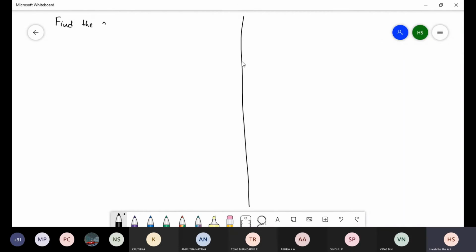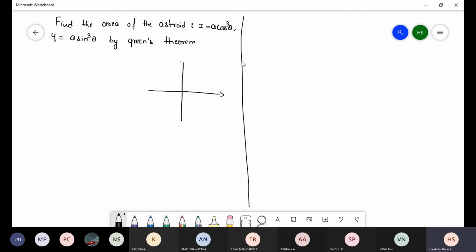Find the area of the asteroid x is equal to a cos cube theta, y is equal to a sin cube theta, by Green's theorem. Again we all know the shape of the asteroid.